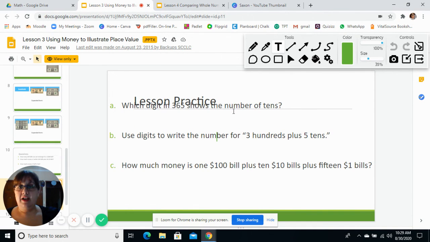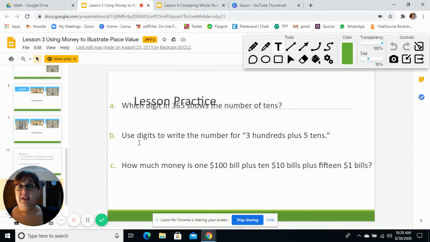All right. Now for lesson practice. Which digit in 365 shows the number of tens? Is it the 3, the 6, or the 5? Write your answer. So write lesson practice A and then write your answer.